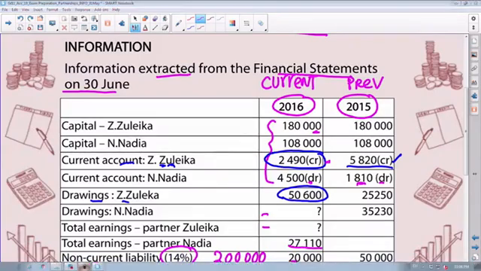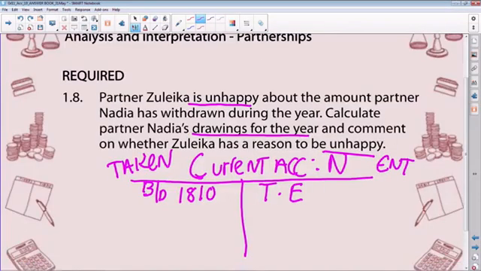So let's fill that in, 27,110. Right, now remember, the question wants us to calculate the drawings, what she has taken for this financial year. And once again, drawings is my unknown figure. So that's going to be my X.